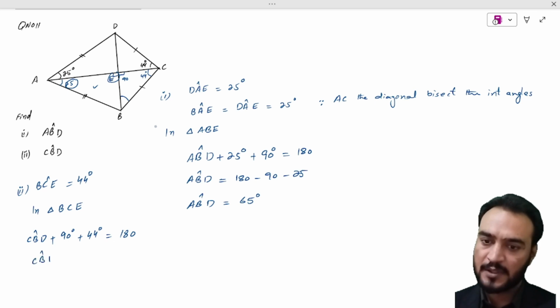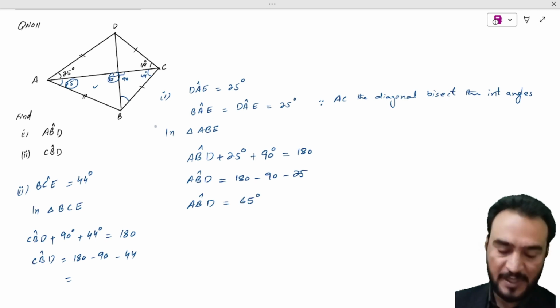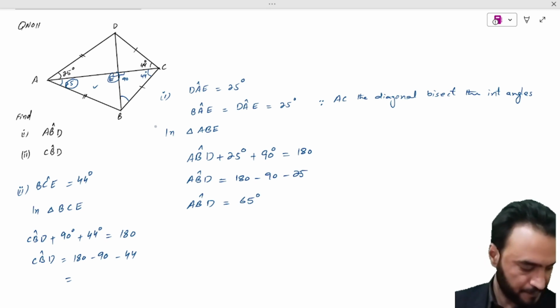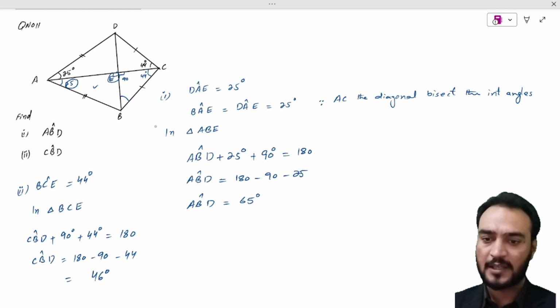CBD becomes 180 minus 90 minus 44. Subtracting these two angles, we get the value of CBD, which is equal to 46 degrees. So hence CBD is found, and ABD is also found.